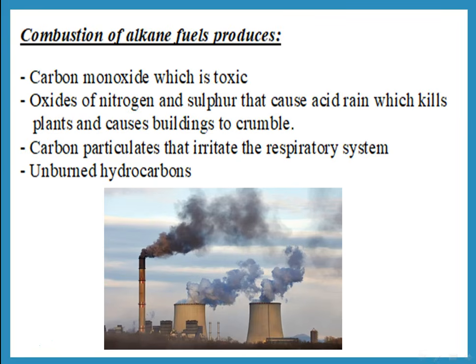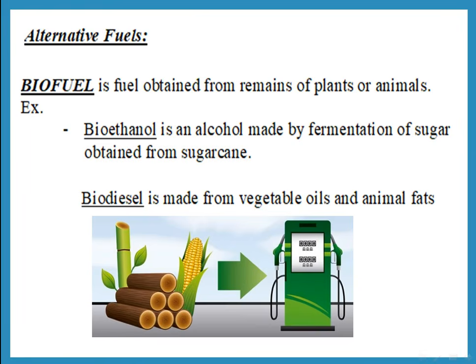And you should remember that acid rain kills plants, dissolves limestone in buildings, so this causes buildings to crumble. It can also form particulates of carbon or pieces of carbon that float around in the air and irritate the respiratory system if you breathe them in, or they can result in unburned hydrocarbons. So all of these are harmful to the environment and to our general health.